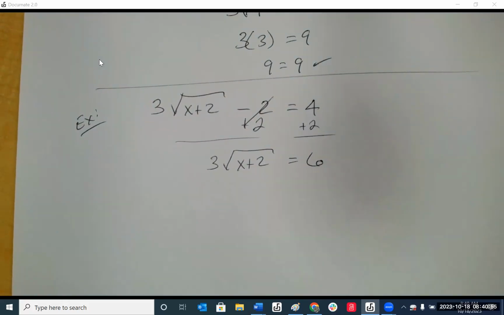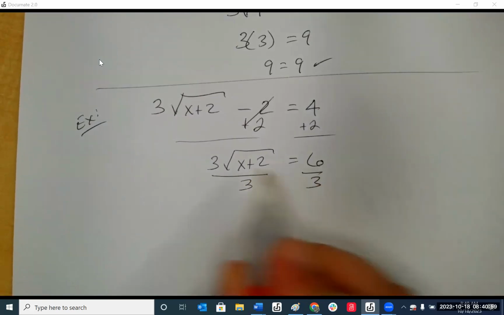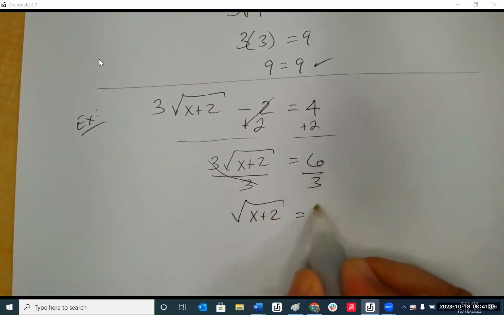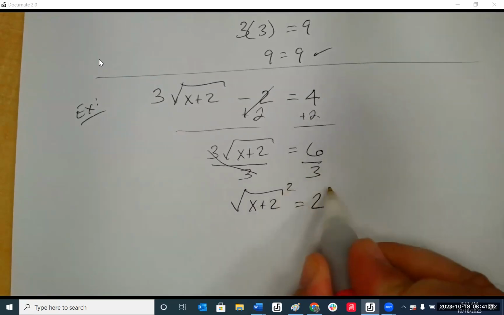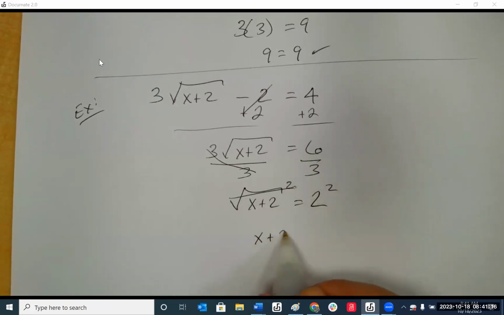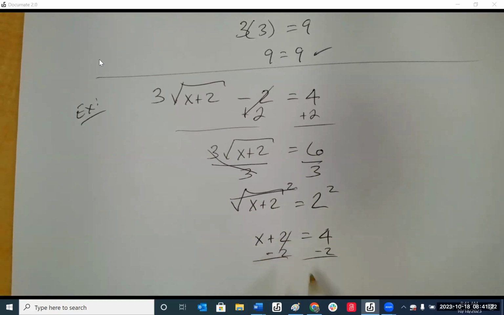Then divide by 3. 6 divided by 3 is 2. Now here's where we square both sides. The square and square root cancel. And subtract 2. So we're saying that x equals 2.